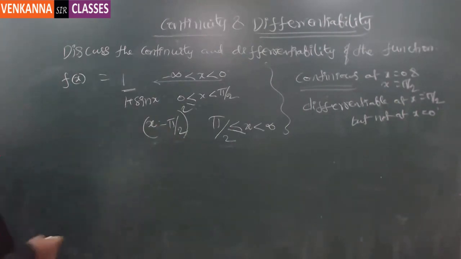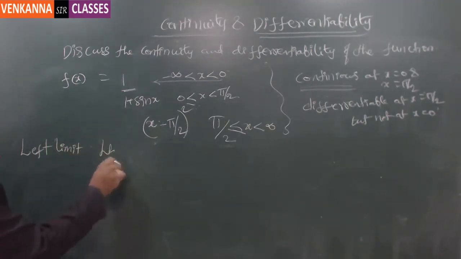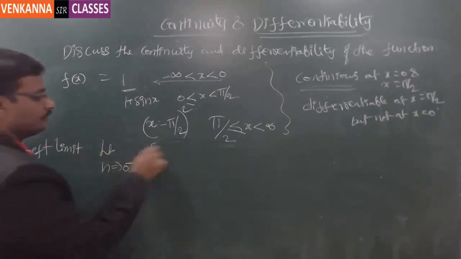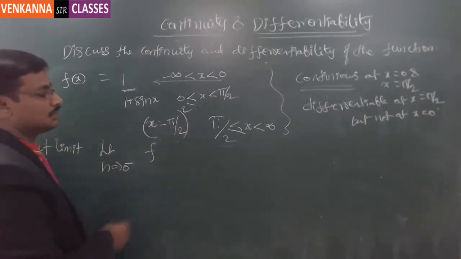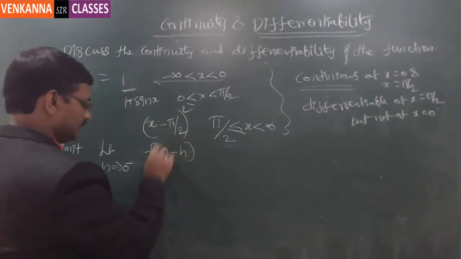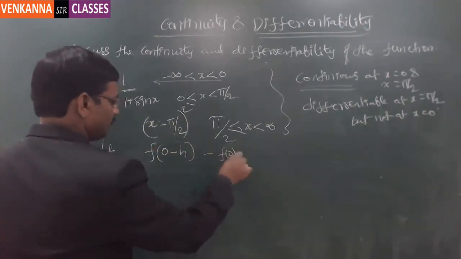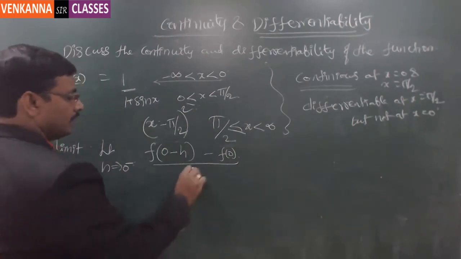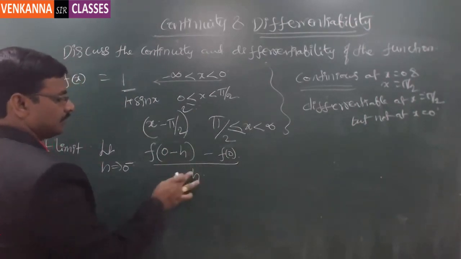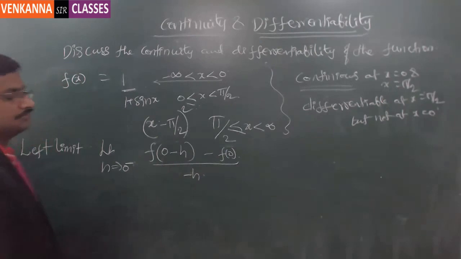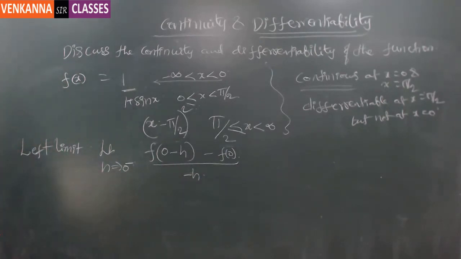Now the left limit is: limit h tends to 0 minus, at x is equal to 0 we are trying to test it, f of 0 minus h minus f of 0 divided by minus h. Got it? This is the differentiability test.